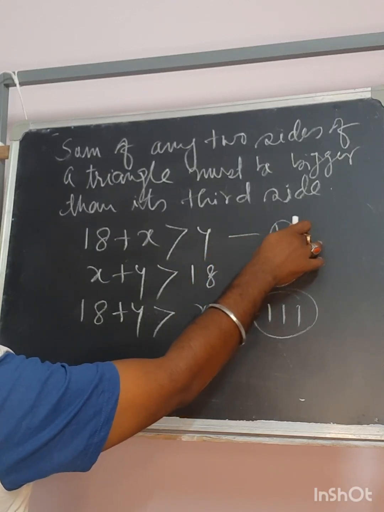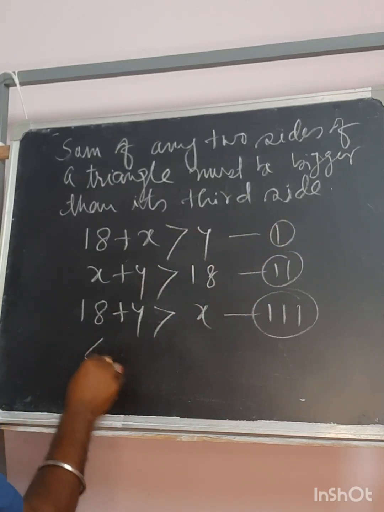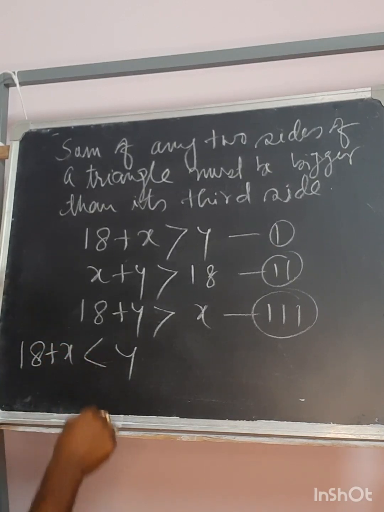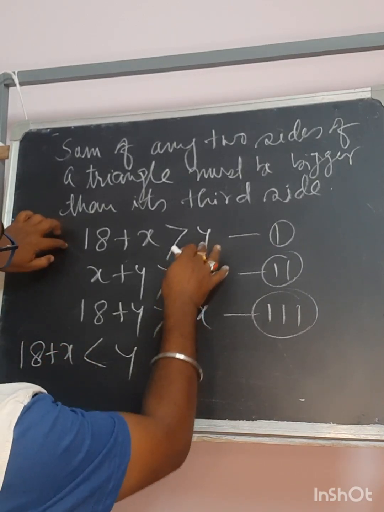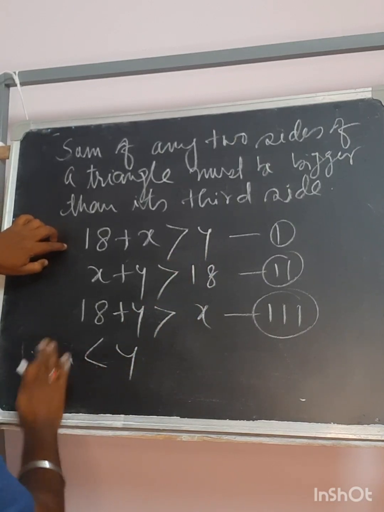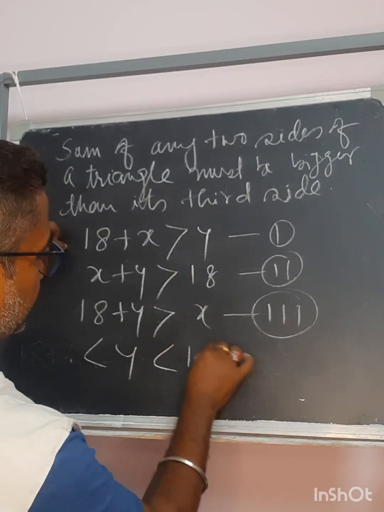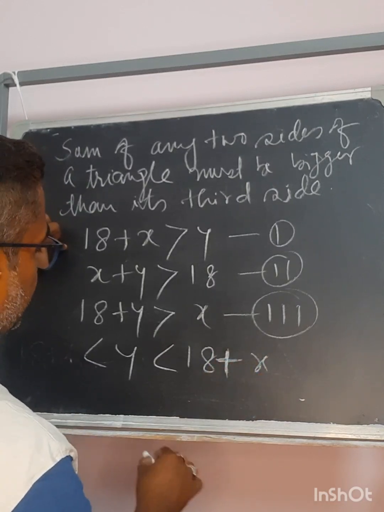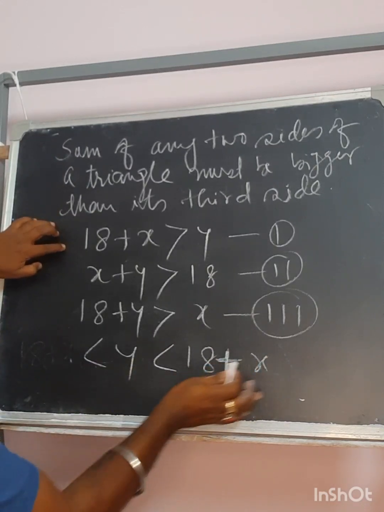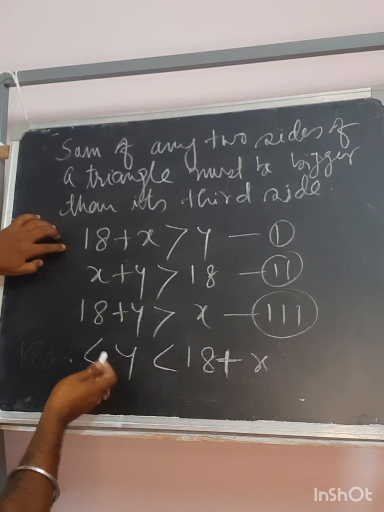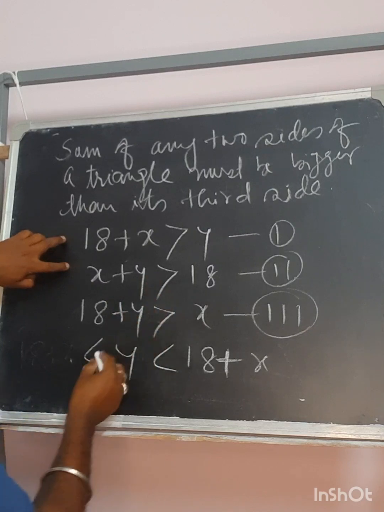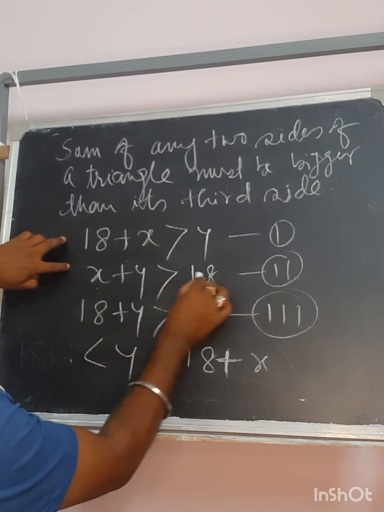From 1 we can say that y is less than 18 plus x. I am just reversing it to give y so that I can represent y in some range. From 2, y must be more than 18 minus x.